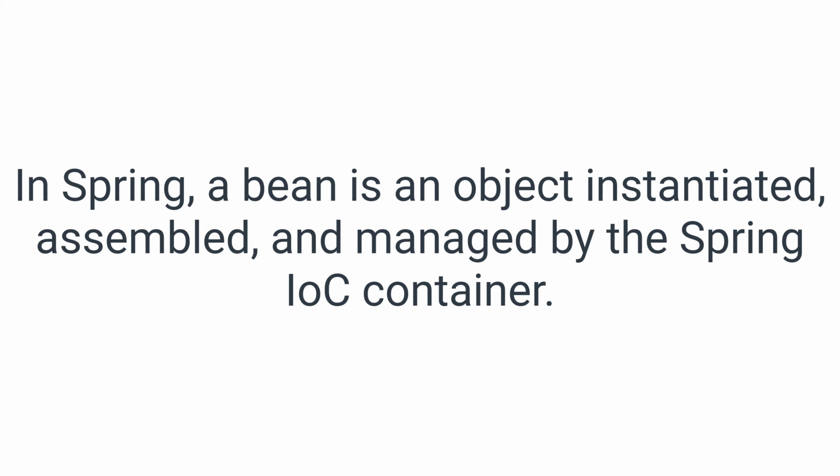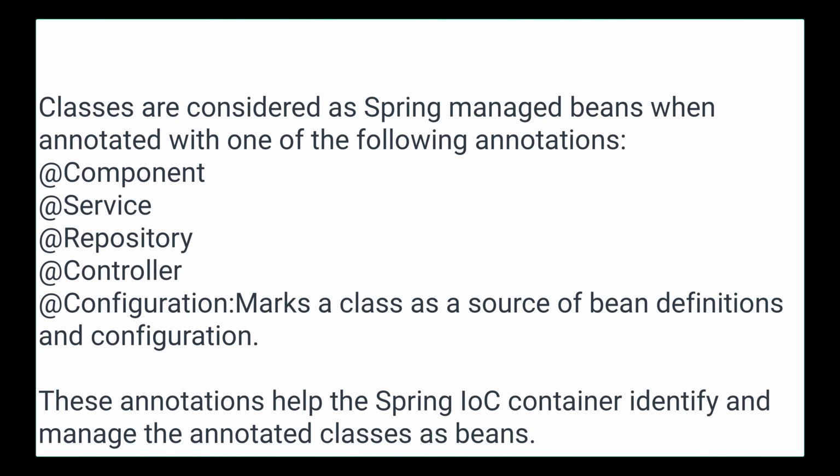So a Spring Bean is just a Java Bean which is instantiated, assembled, and managed by the Spring IoC container, or our application context. So when our application starts, our application context scans for Spring Beans and registers them to the application context.